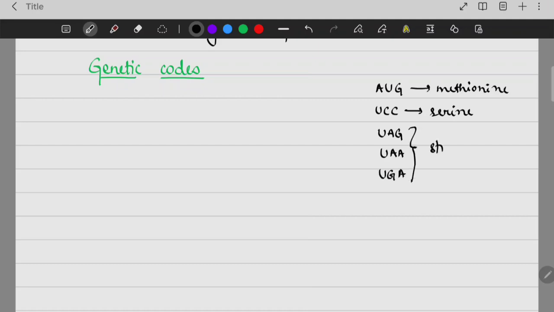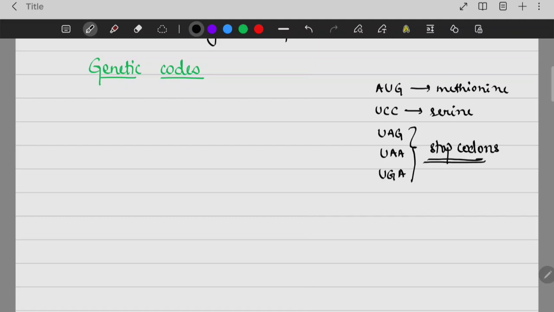These are the stop codons. You know that there are 20 types of amino acids and 4 types of alphabets. So if I make a chart, 64 types of combination can be seen. Out of 64, the 61 combinations can represent 20 types of amino acid, and the 3 codons as I explained here are the stop codons.